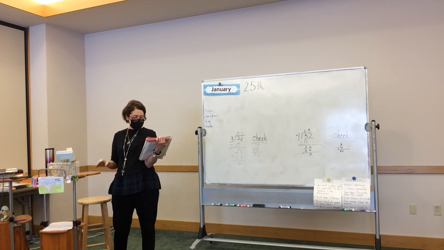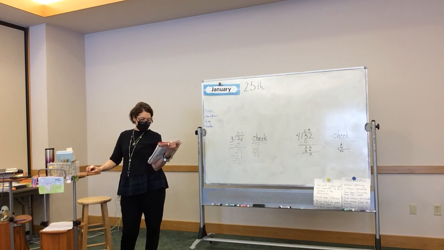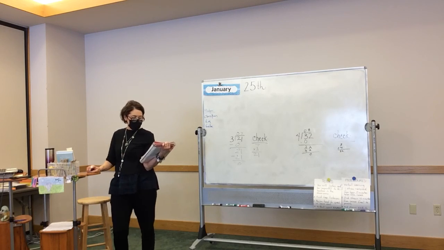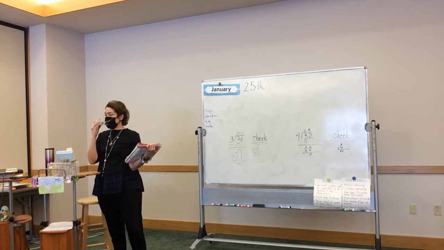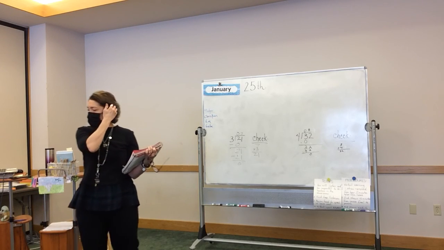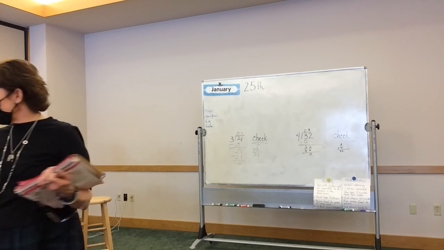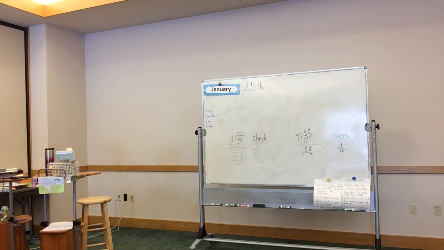Melody has 29 colored pencils, 23 crayons, and 12 markers in her art box. How many does she have all together? Sam, how can you do this if you're not writing down the answers on the whiteboard?